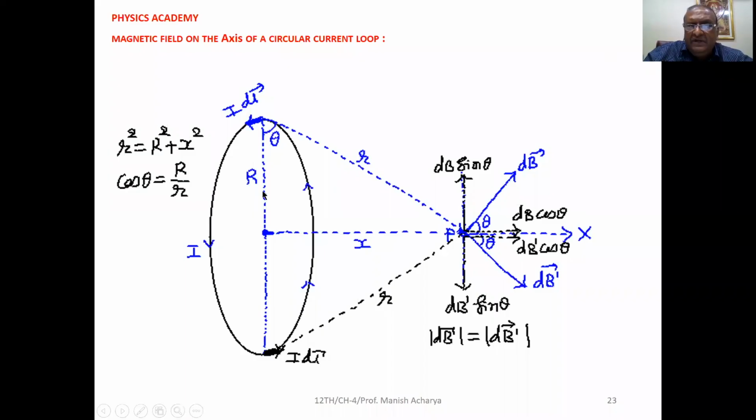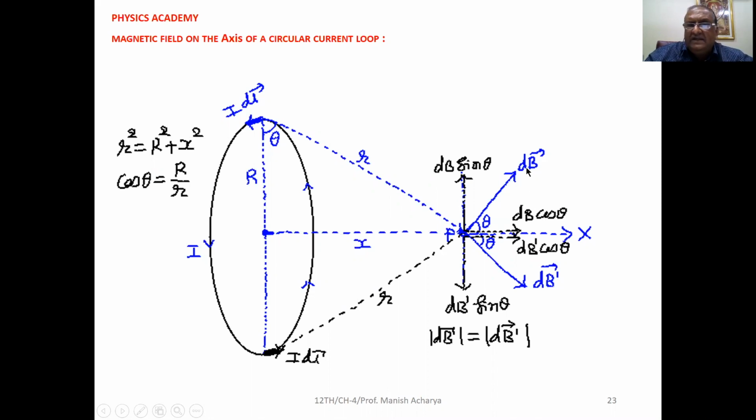Now here, if we take the angle between the radius of the ring and the position vector of point P, that is theta, then the angle made by this field vector dB with respect to the x-axis will also be theta.